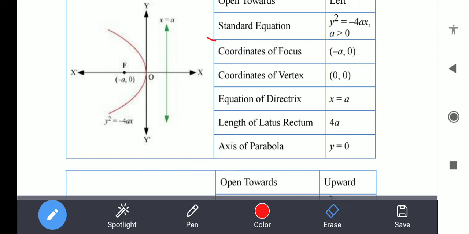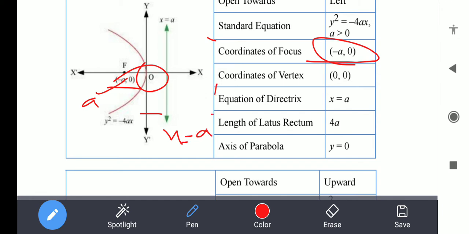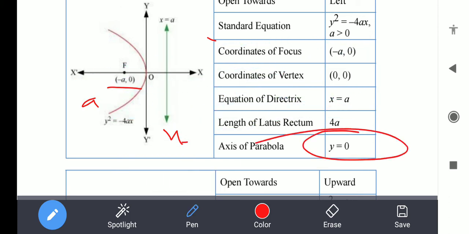The coordinates of the focus are (minus a, 0). The vertex is at the origin, that is (0, 0). The equation of the directrix is x equals a. Again the length of the latus rectum is 4a, and the axis of the parabola is the x-axis. Then the equation of the axis is y equals 0.